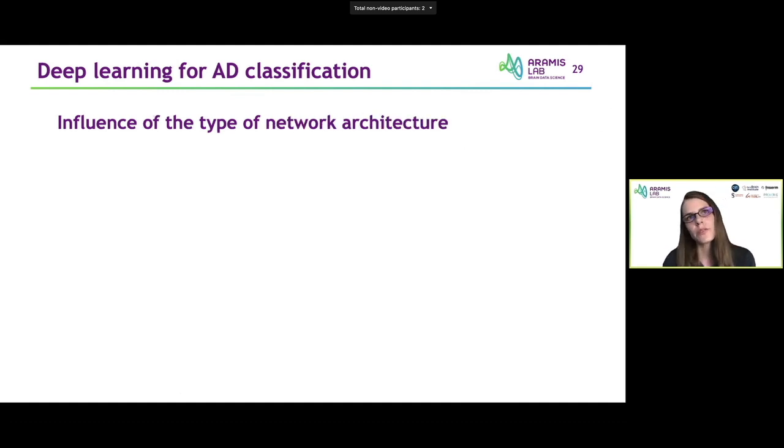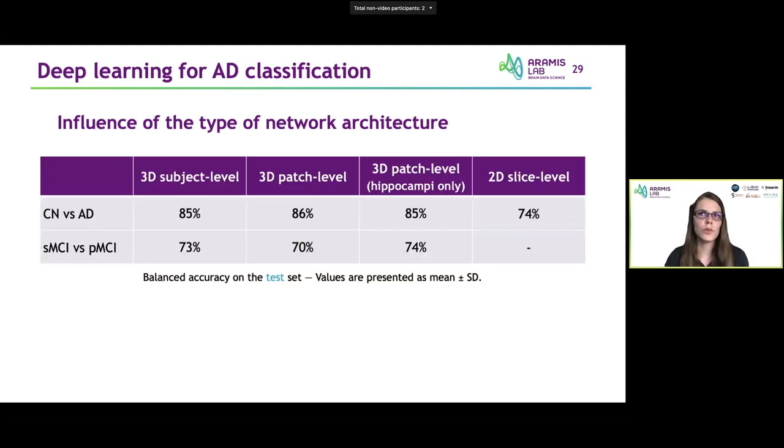So using this minimal preprocessing, we then study the influence of the CNN architecture. We compare networks taking whole 3D volumes, 3D patches covering the whole brain or a specific region, here the hippocampi, and 2D slices as inputs.